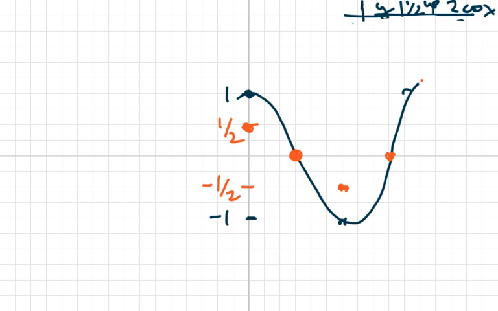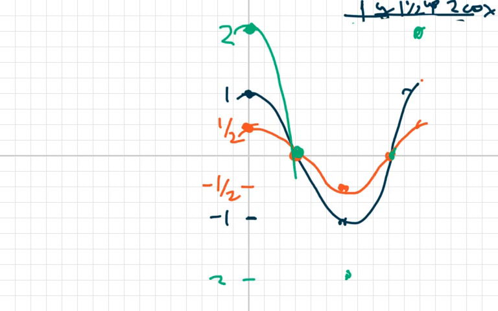So stop about here. This is kind of like a compression. And then for the amplitude of 2, start here, go through our zeros again, and this is the stretch, the amplitude. It looks like a V when you put the dots, but then you make it curvy. I'm not even going to try to do the other side. The other side would continue on because it's a continuous wave.